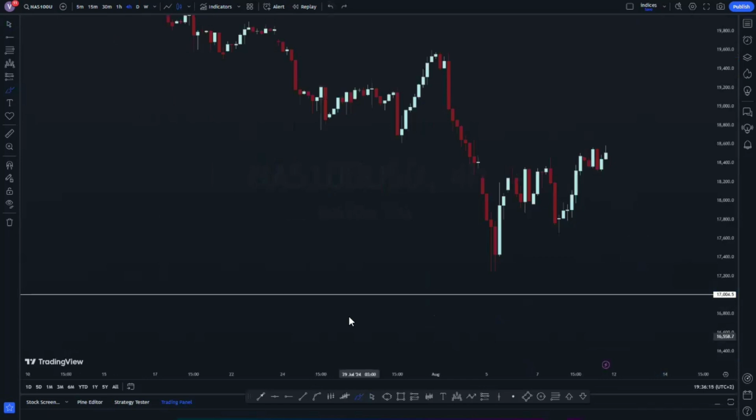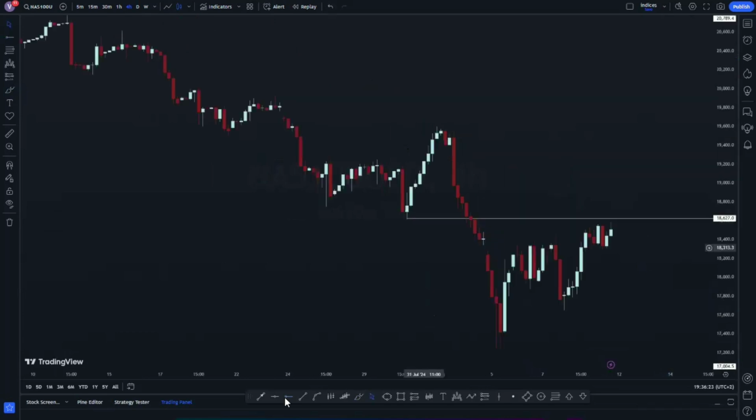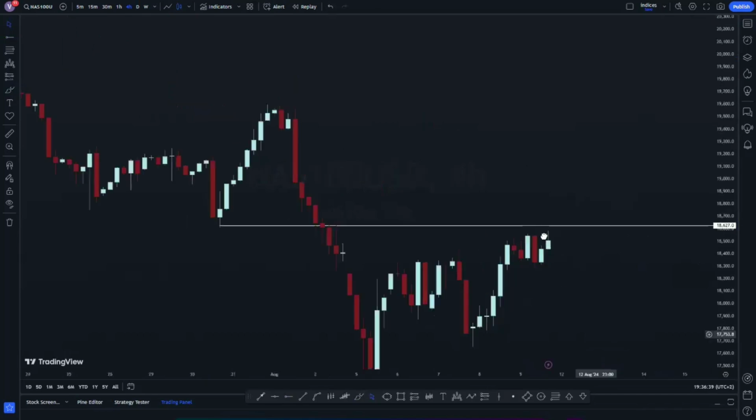Then another thing that you can expect is the market to test this low here. As you can see, previous market tested this low, broke, came back to test, so we might also expect what happened there at the top.